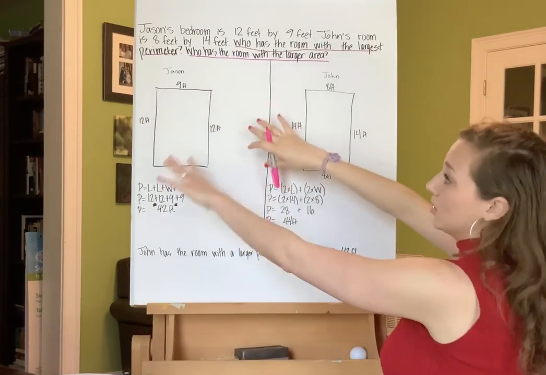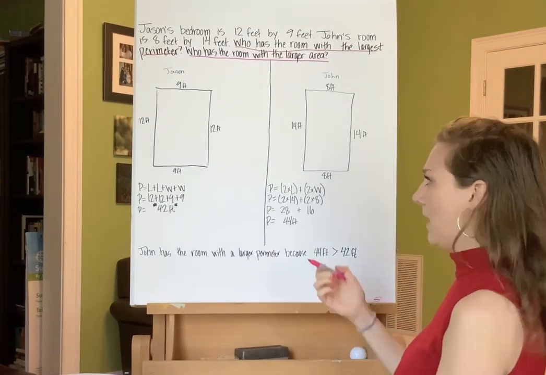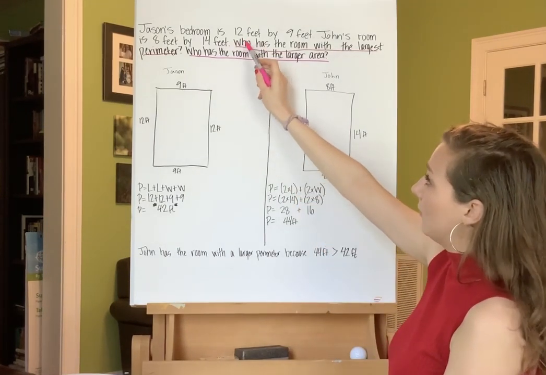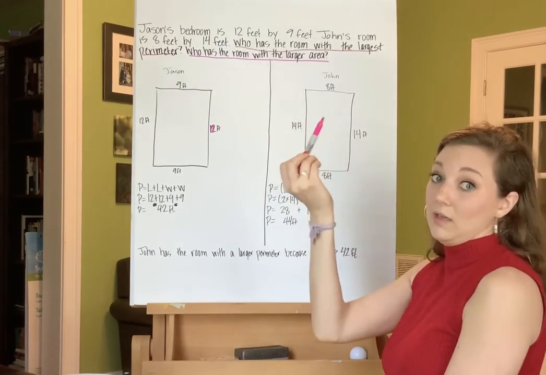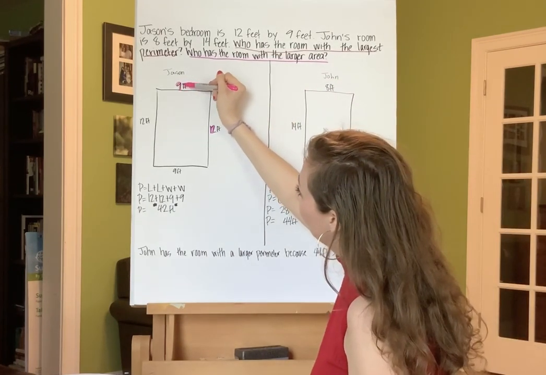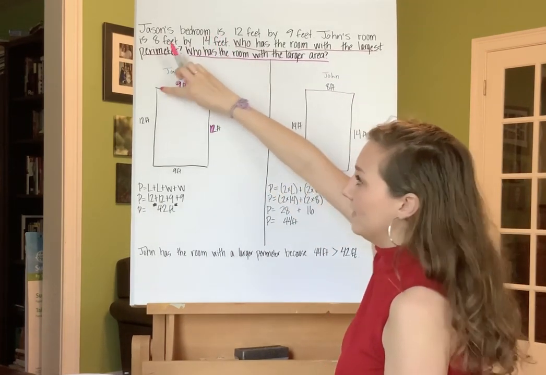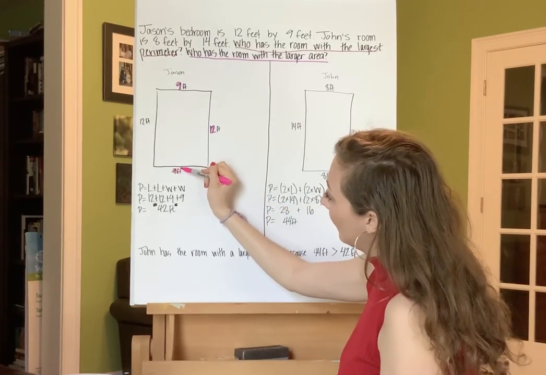We said this was Jason's bedroom, and we came over and we drew it because visuals are so helpful in math. Jason's bedroom is 12 feet by 9 feet wide, right? And we said if this is 9 feet, we know that this is also 9 feet.